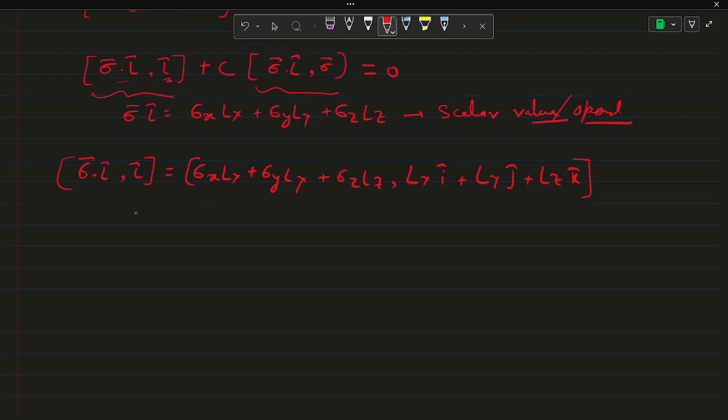Now we will break it. Sigma x Lx and Lx will commute, because sigma x commutes with Lx and Lx commutes with Lx, so this part will be 0.